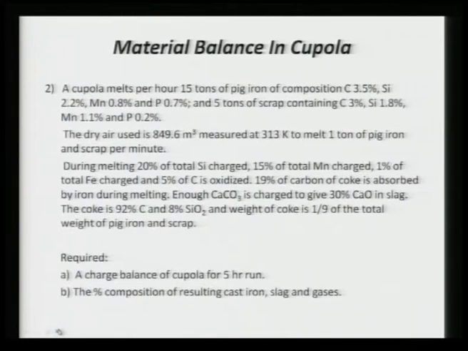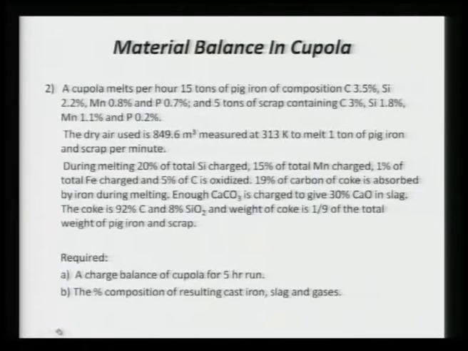You are seeing the components of the burden, as I mentioned in my introductory remark: pig iron, scrap, limestone and coke. The coke is 92% carbon and 8% SiO2, somewhat better quality coke than problem number 1. The weight of coke is 1/9 of the total weight of pig iron and scrap. Calculate the charge balance of the cupola for a 5-hour run.